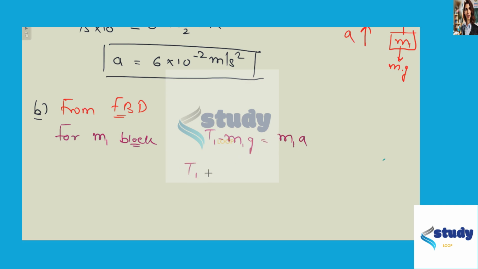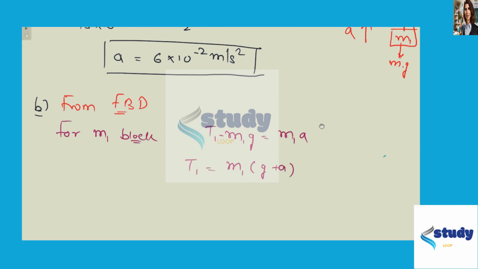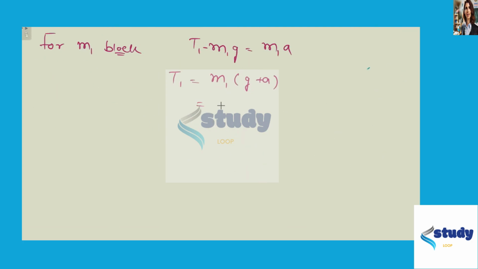So from here we get the value of T1, that is M1 into (g plus a). Now put all the data in this equation and we can find the value of T1. So this is 460 into 10 to the power minus 3 into (9.8 plus 0.06). So this comes out to be 4.53 Newton. So this is the tension T1.